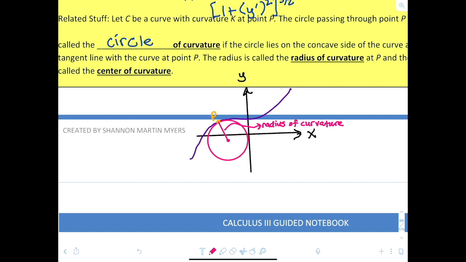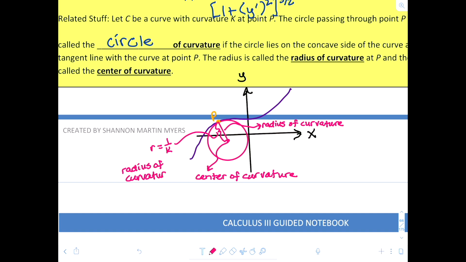And then over here, that's our center of curvature. And our curvature, so this right here would be r equal to 1 over k, which is our radius of curvature. Cool, cool?